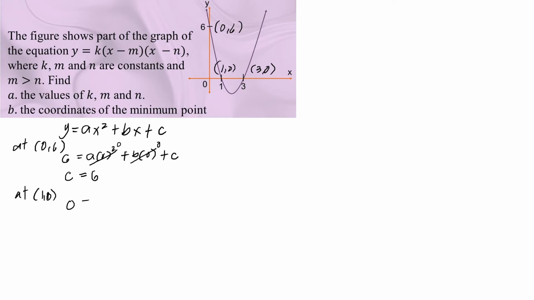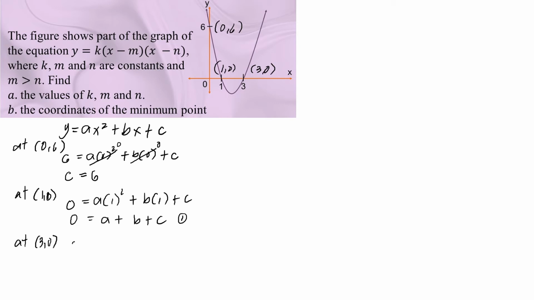So, we have 0 is equal to a times 1 squared plus b times 1 plus c. 0 is equal to a plus b plus c. Label natin ito as equation number 1. Sunod, sa point (3, 0), ibig sabihin, x equals 3 and y equals 0.